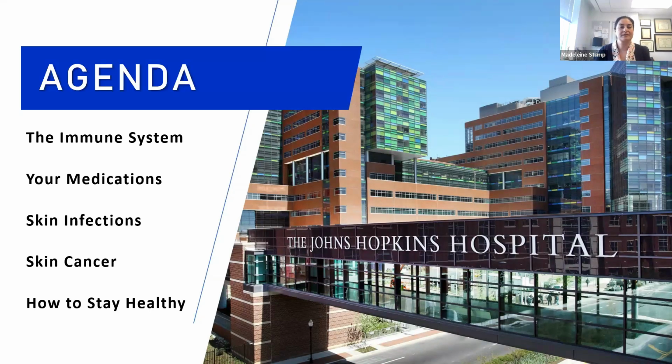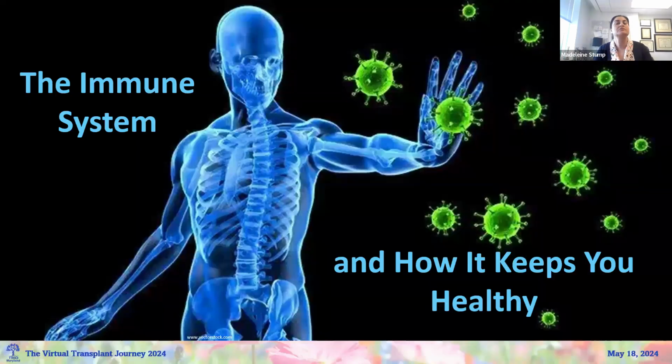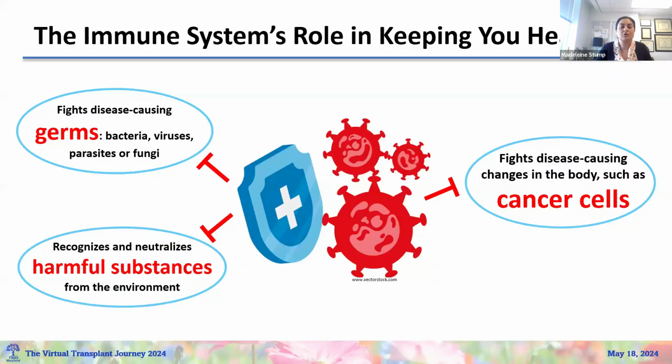Okay, so we're going to get started with the immune system and its role in keeping you healthy. Your immune system is a large network of organs, white blood cells, chemicals and proteins, and all these parts work together to fight disease-causing germs, bacteria, viruses, parasites, or fungi.